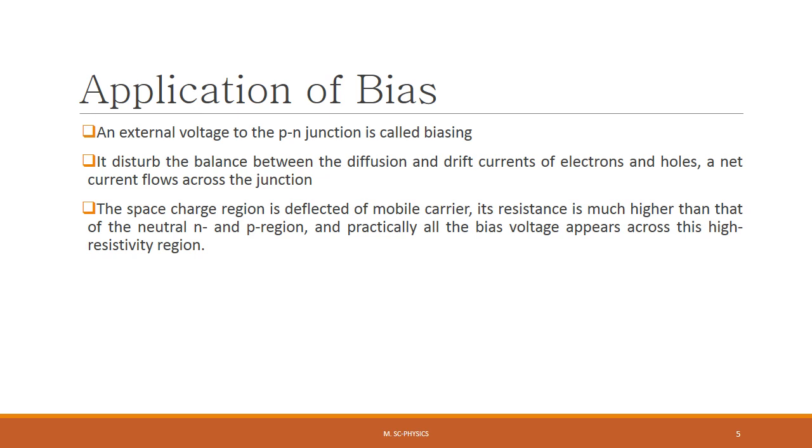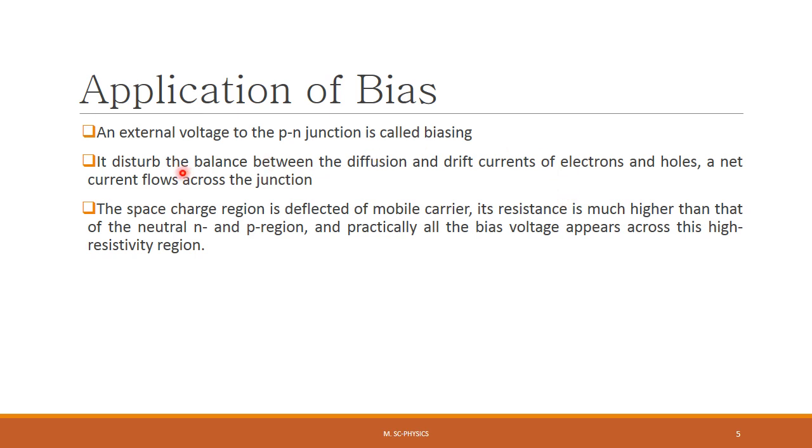Application of bias. For bias, we have to give an external force to the junction, either forward bias or reverse bias, whatever it may be. In forward bias, we connect it to the positive, and in reverse bias, it is vice versa, in the opposite direction.